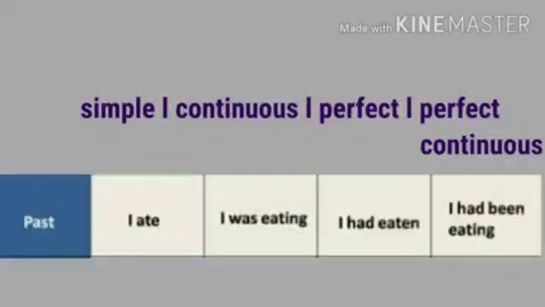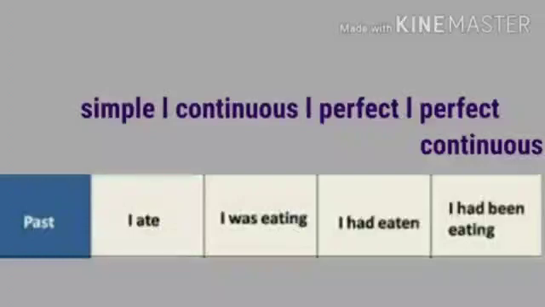Now in past tense it becomes I ate, means subject plus the V2, means verb 2 form. Eat becomes ate. In past continuous it's I was eating, means the subject plus was or were plus the ing form of the verb.